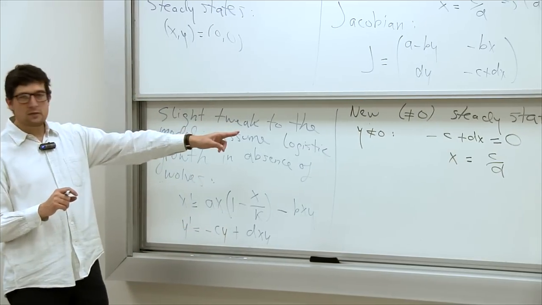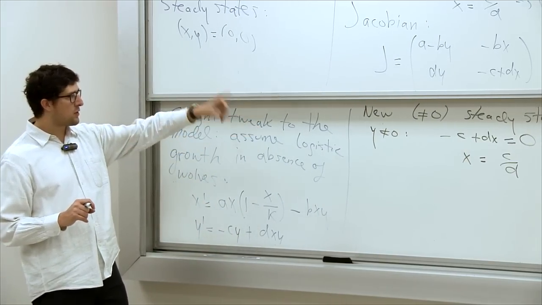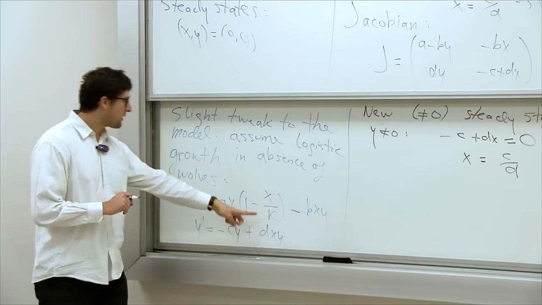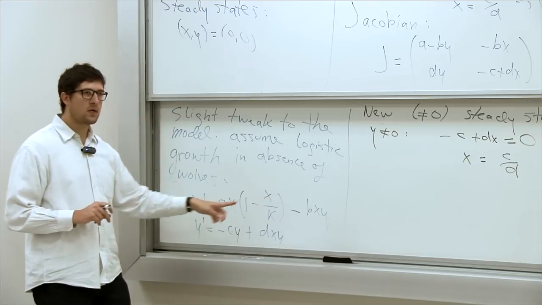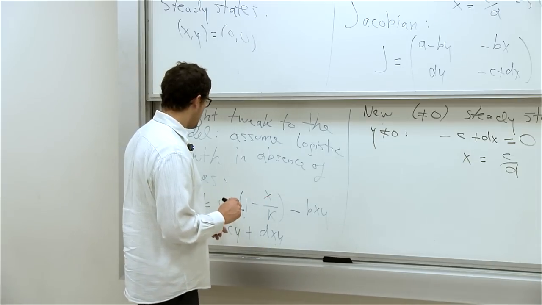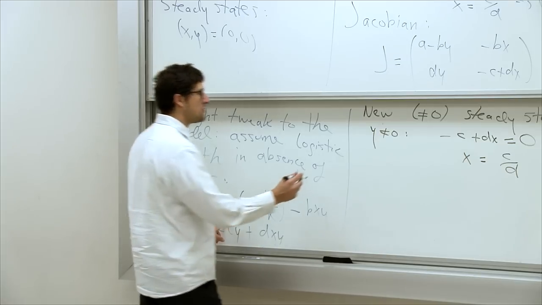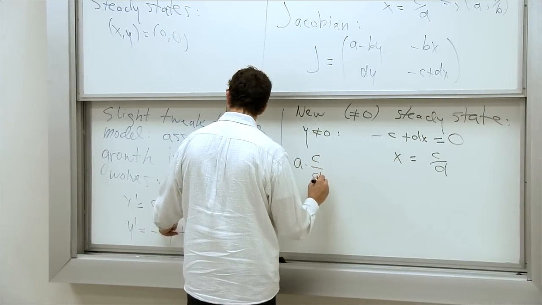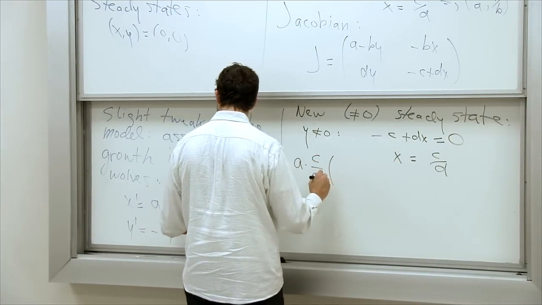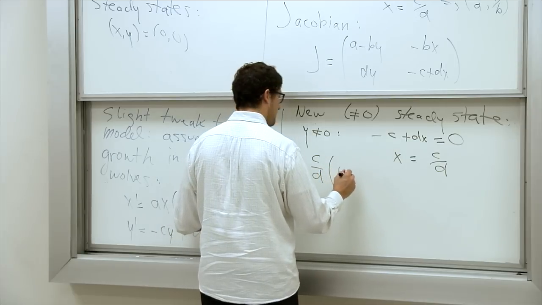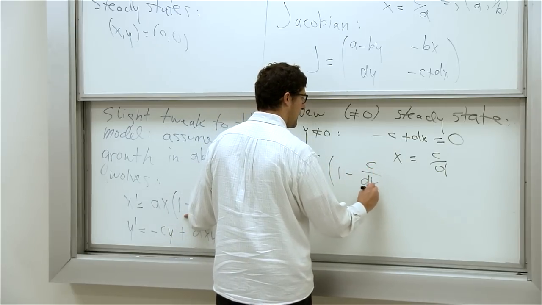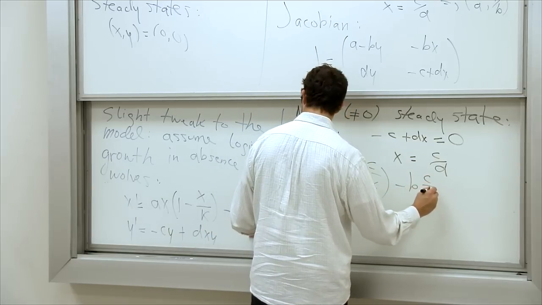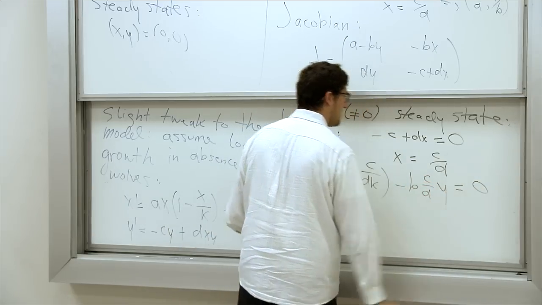So since we have a non-zero steady state, let's assume that y is different from 0, so x is equal to c over d, just like before. Okay? Now let's plug in x in this equation here, and we set that equal to 0. So a times c over d times 1 minus c over dk, minus b times c over d times y is equal to 0.